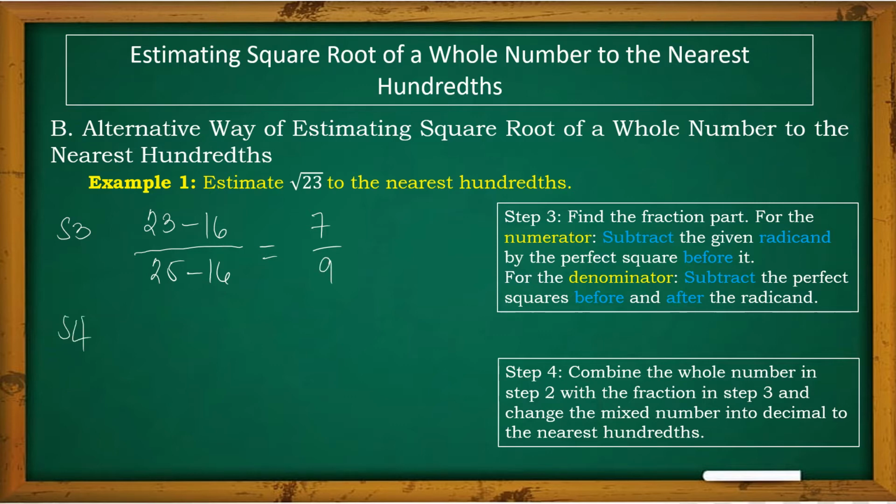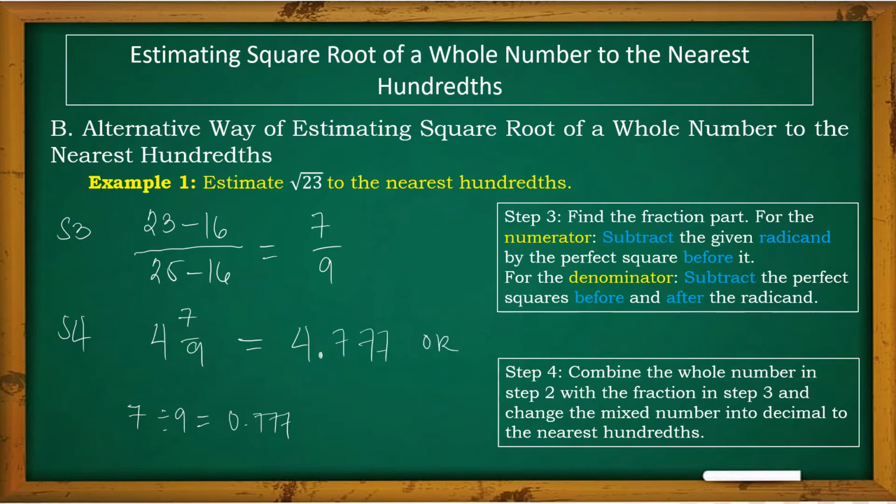So, i-combine natin yun doon sa ating nakuhang whole number, which is 4. So, magiging 4 and 7/9 ang sagot. Si 4 and 7/9 gagawin nating decimal. Pag gagawin decimal yan, si 4, copy na natin. And then, si 7, i-divide natin kay 9. Pag dinivide natin si 7 kay 9, makukuha niyo yung 0.777, etc. So, magiging 4.777 yan.